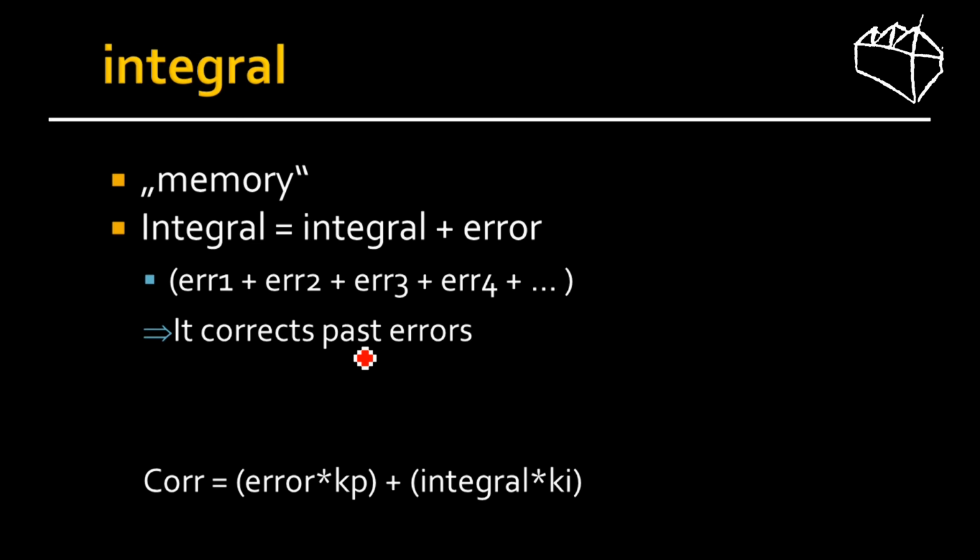And what that does is it will correct past errors, because as you have seen, the longer the robot stays on one side, the higher the integral pushes your robot to the other side, because the new correction will get the integral added, and the integral is multiplied by a constant just like the error.